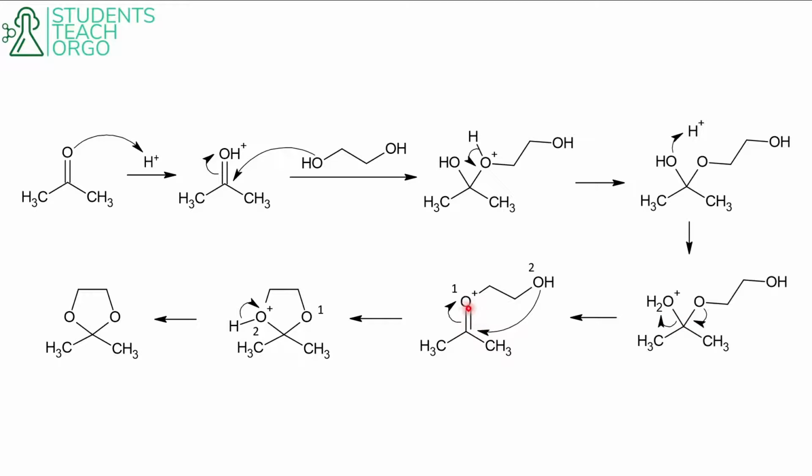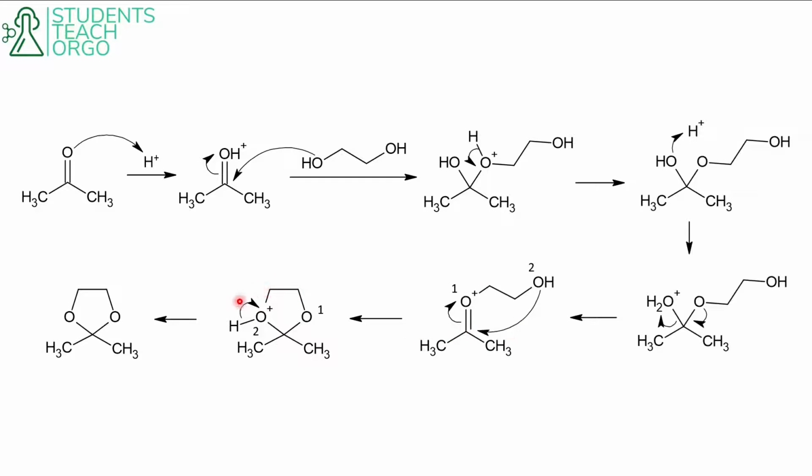And in doing that, we form this almost like a ketone looking thing, which allows us to take this second alcohol on ethylene glycol and attack that carbon again, right, to form our second C-O bond that's necessary for the cyclic acetal.